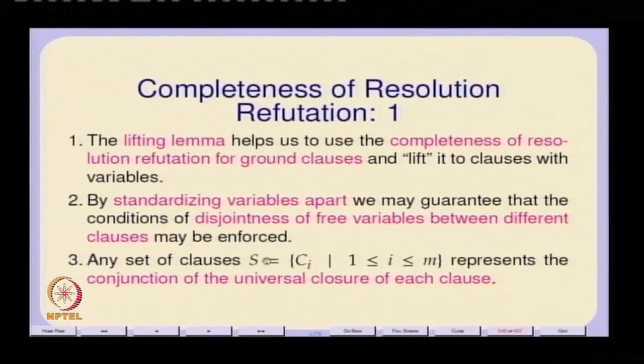Therefore, this gives us directly methods for automating theorem proving, automating the notion of proof even for first order logic, either through resolution or through tableau. The Hilbert style system does not permit itself to be automated so easily. On the other hand, resolution and tableaus do.